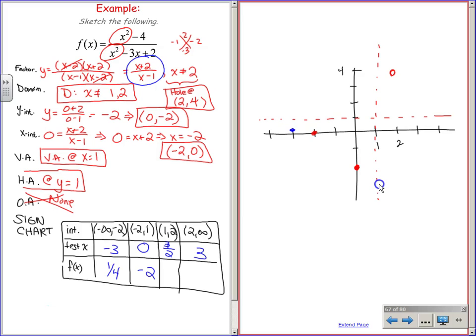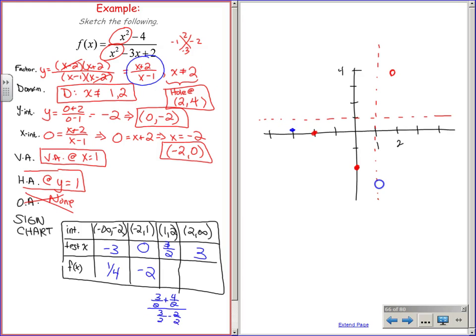0, -2 is already graphed. 3/2 plus 2 is 3/2 plus 4/2, which is 7/2. I'm making a little common denominator stuff going on there. Over 3/2 minus 2/2 would be 1/2. 7/2 times the reciprocal of 1/2, which would just be 7.